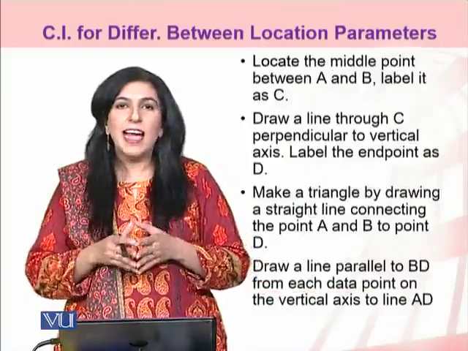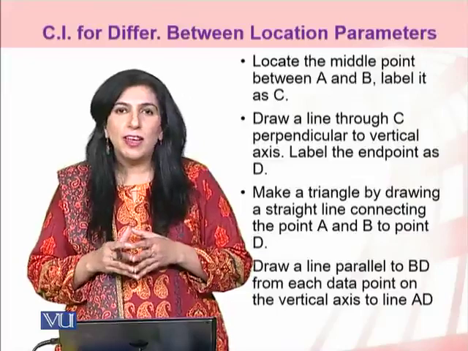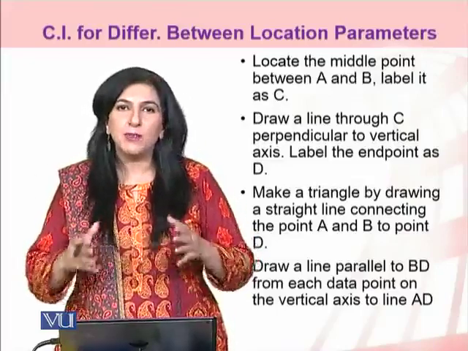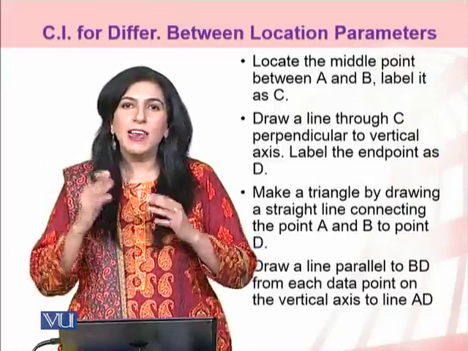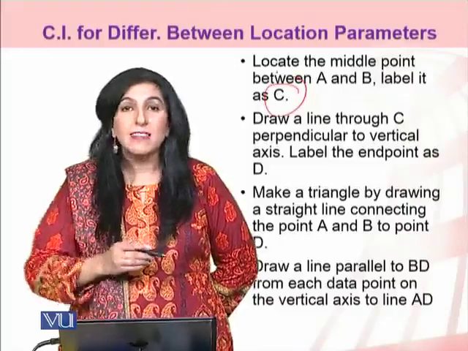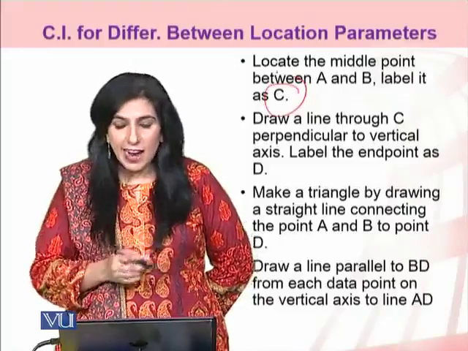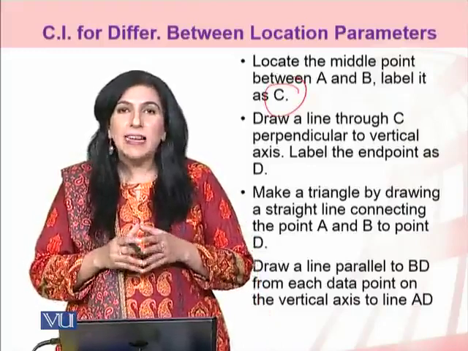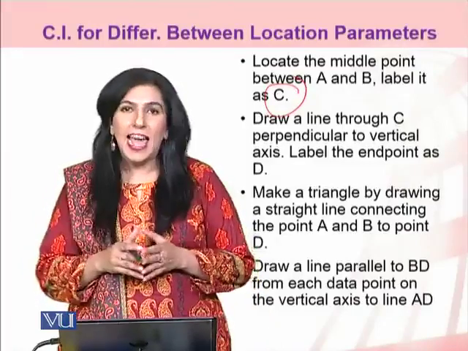Once you are done with that, the next thing you need to do is to locate the center between A and B. That means the center between the largest and smallest observation, and you would call it C. Then you need to draw a line through C perpendicular to the vertical axis.